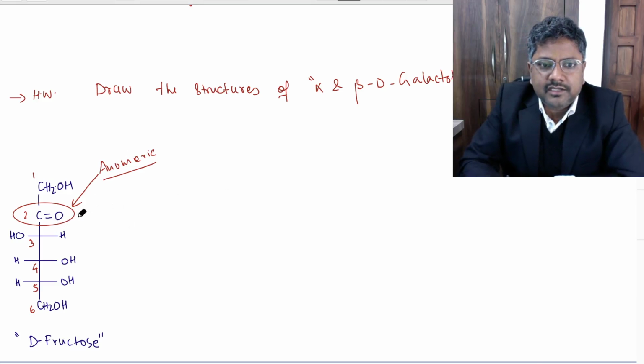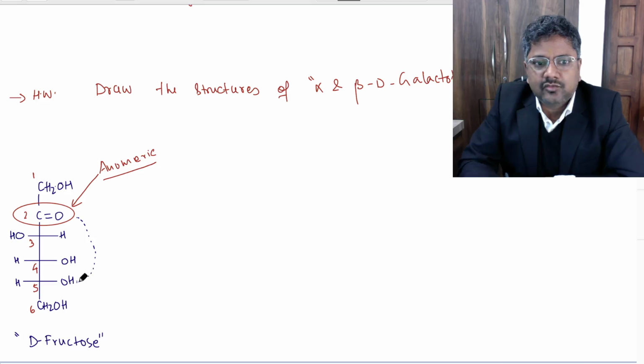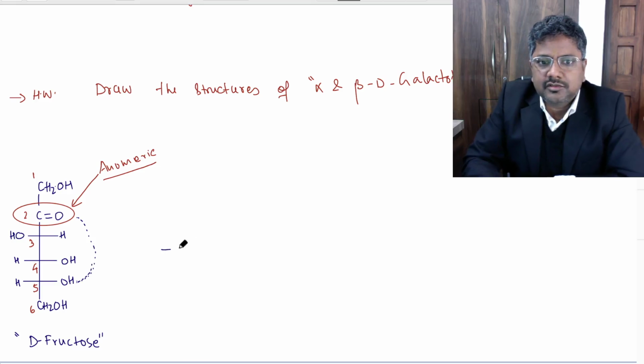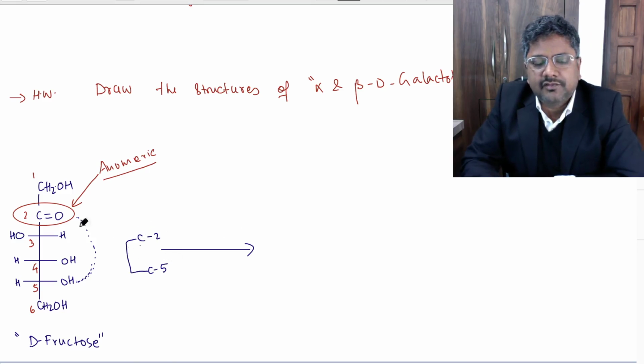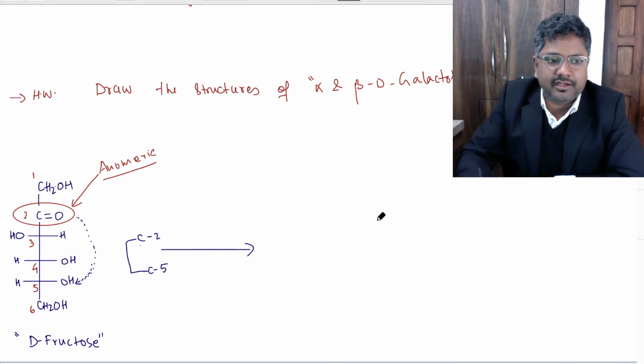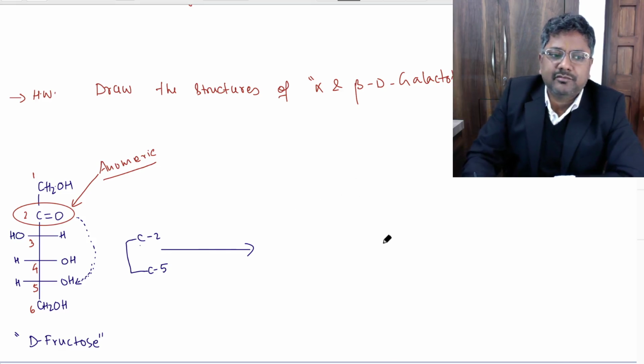Now the intramolecular glycosidic linkage will form between C2 and C5, right? They will combine with each other and produce the 5-membered ring.